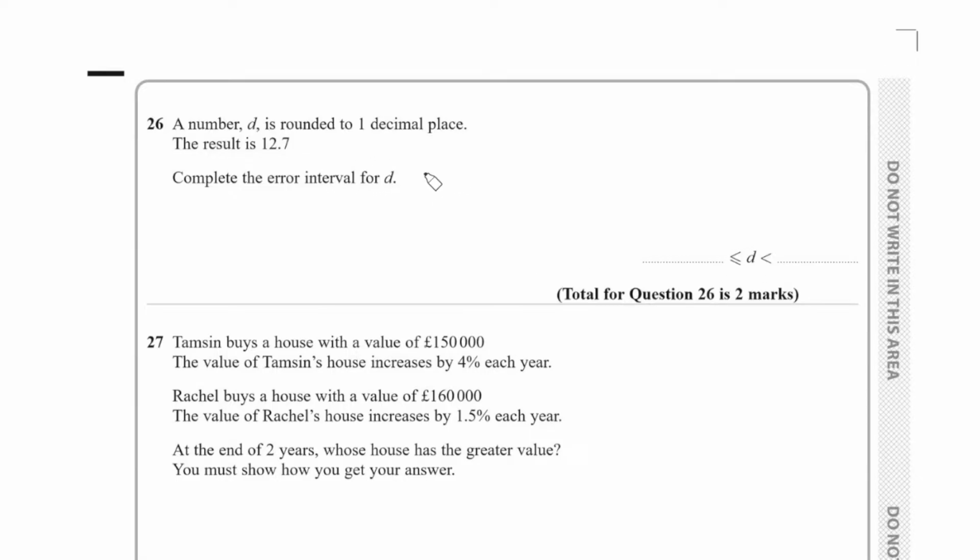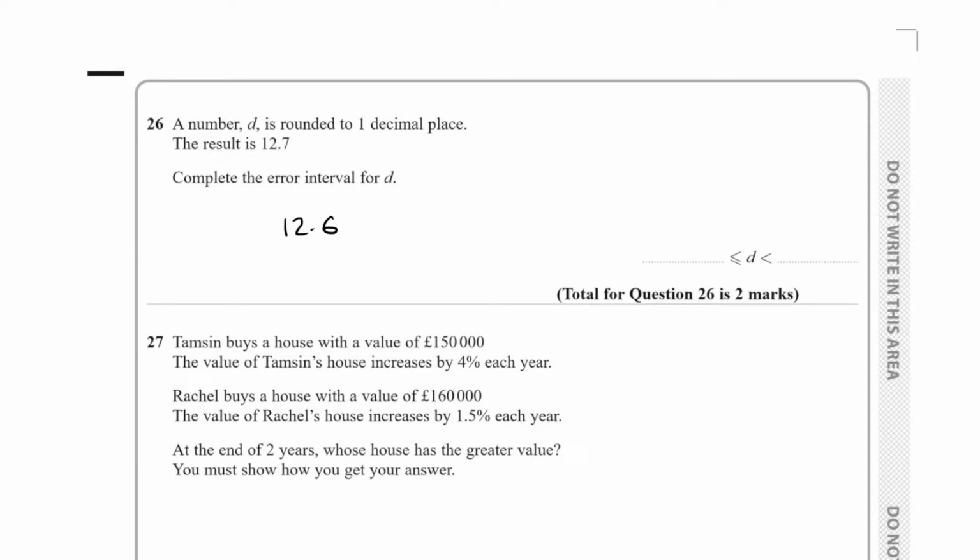What's the smallest value it could have been to 1 decimal place would be, if you think about it, let's say, for example, you had 12.62, if they said round that to 1 decimal place, that would round down to 12.6, wouldn't it? So that's too small.